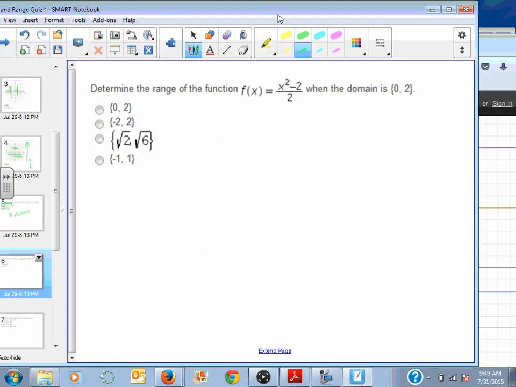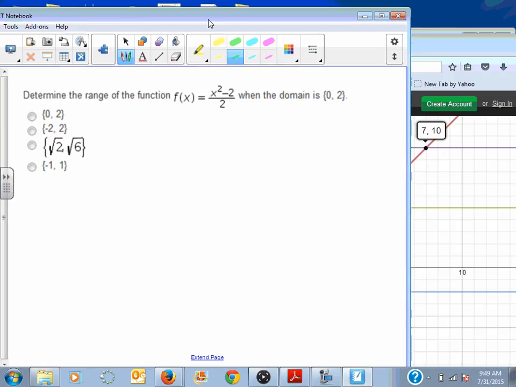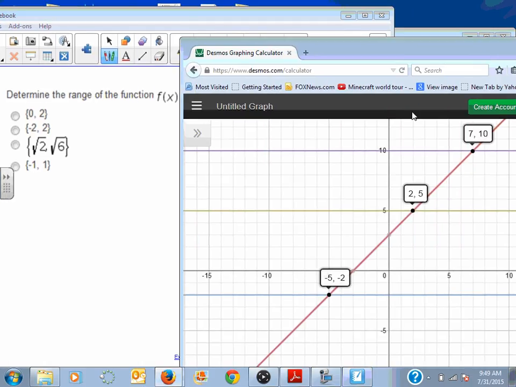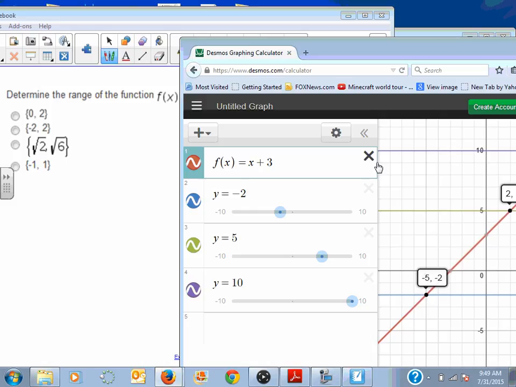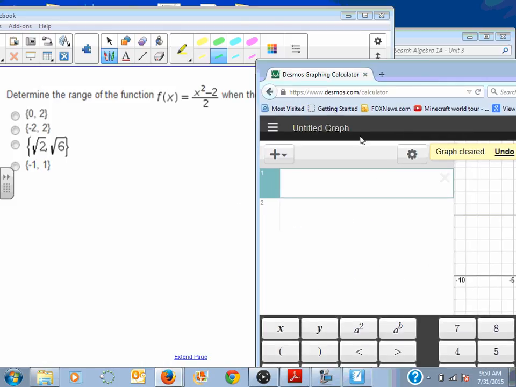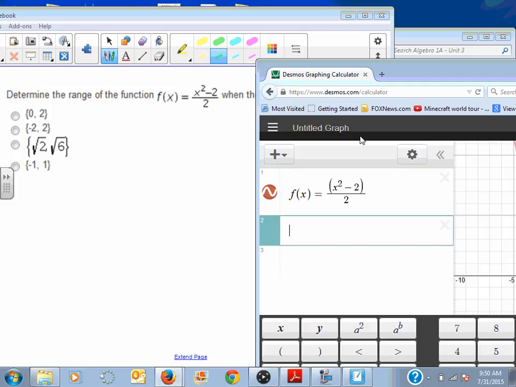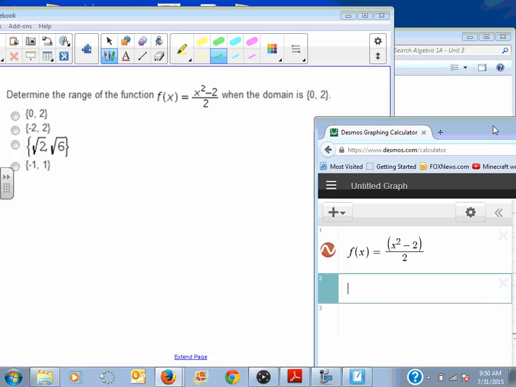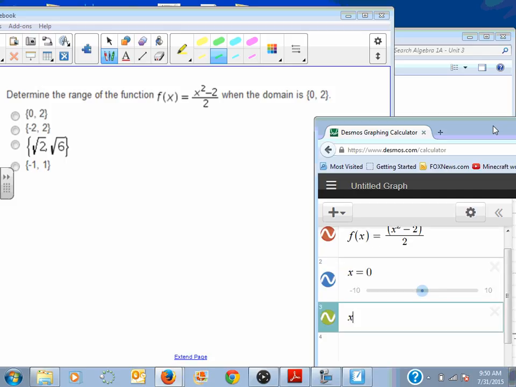Determine the range of the function f of x equals x squared divided by 2 when the domain is 0 and 2. We're going to do kind of what we did over here. Let's clear all these out. So your function f of x is equal to x squared. I'm going to put this in parentheses just because I want to make sure I'm dividing the whole thing. x squared divided by 2, and then the domain. Remember, domain is x, so x equals 0, x equals 2.